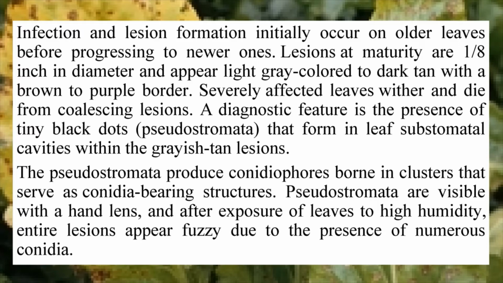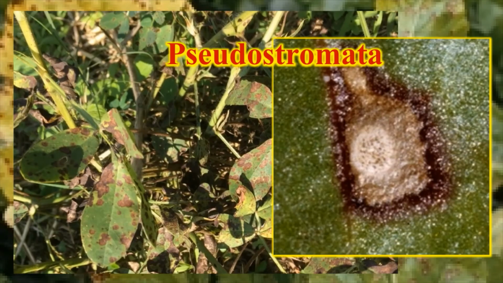They produce a characteristic structure called pseudostromata, which is a depression on the upper surface of the leaf, and in this you find clusters of conidiophores which bear conidia, appearing like a fuzzy structure. I will show you the picture later.